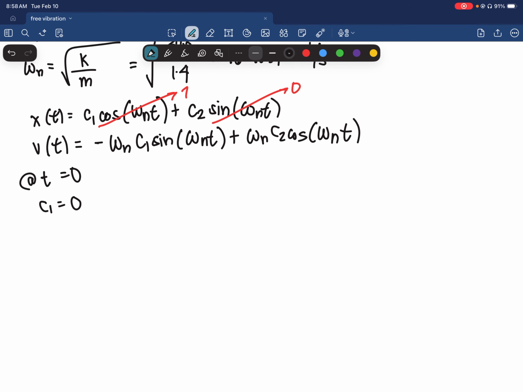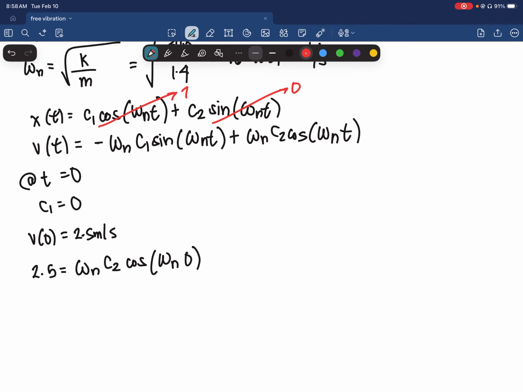So, for C2, since the initial velocity is 2.5 meters per second, pwede natin gawin ay 2.5, that is equal to the C1, since 0 siya, wala na siya. So we have yung second term na lang. Ito: omega n C2 cosine, and ito ay omega n times 0.